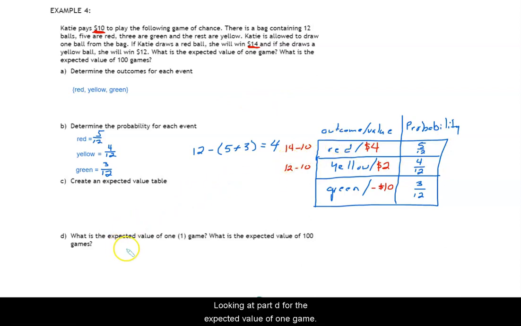Looking at part D for the expected value of one game. So we're going to find that using our expected value like we do with our other problems.